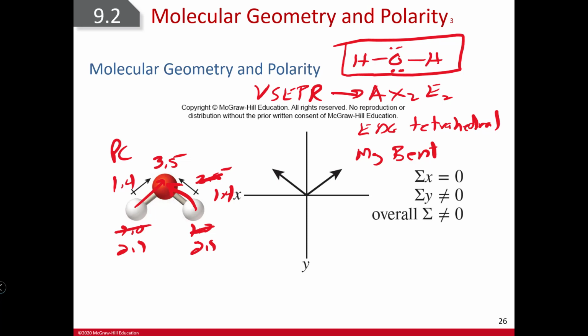And if you look at those two vectors, you know that the overall vector resultant force is in this direction. All right? So when you add the two arrows together, think of it that way. If you add the two arrows together, the overall force is in an upward direction. This is called the resultant force or vector.